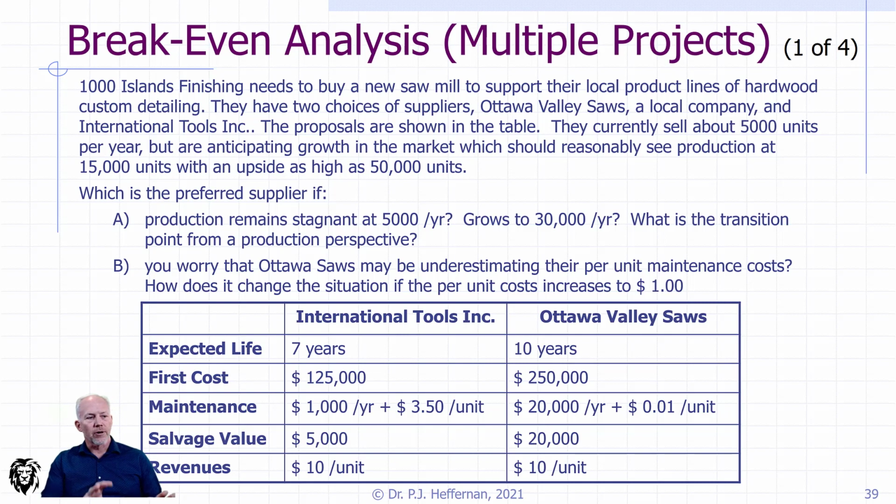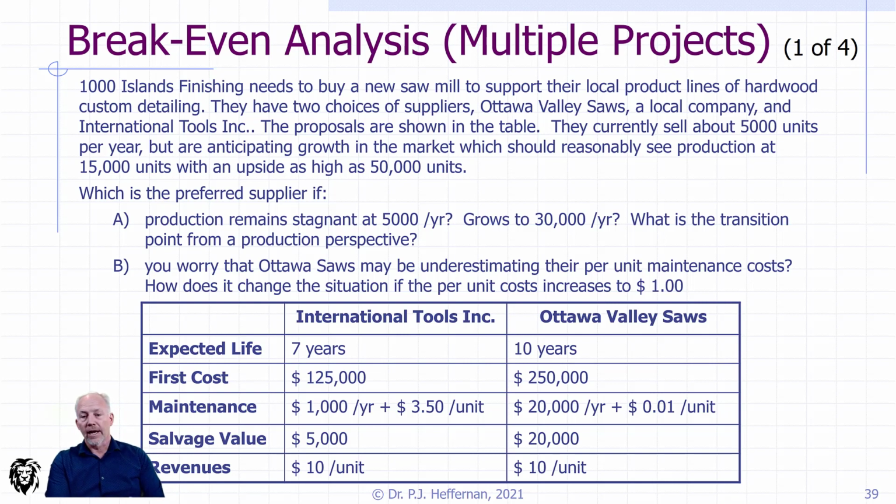The proposals are shown in the table, and we see one is a 7-year project, the other a 10-year project. To look at the gist of it, International Tools has lower upfront costs, but a higher annual fee or per unit production cost. So it's not as efficient, it takes more to produce units as far as costs go, but it has a lower upfront cost.